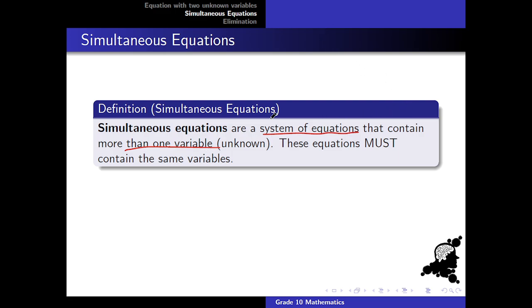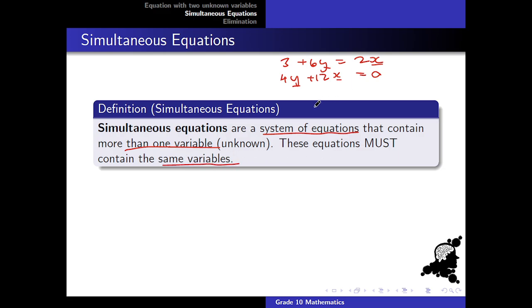And these equations must have the variables which are exactly the same. For instance, if I've got 3 plus 6y is equals to 2x, I've got x and y as my unknowns. This second equation must contain an x and a y, meaning I could have something like 4y plus 12x is equals to 0, for instance. Once again, I've got x and y, so I must have the same variables in both equations.